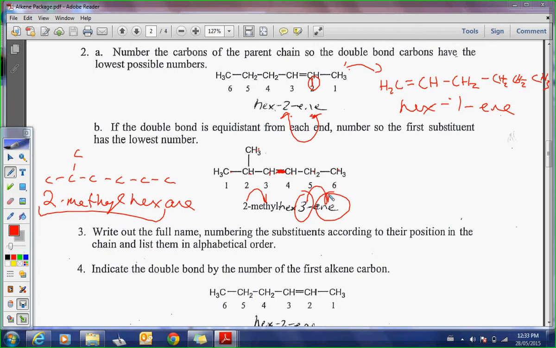Make sense? Nick? If the double bond was, let's say, on the 5, or sorry, if it was on like the 4, would we still have the methyl there?